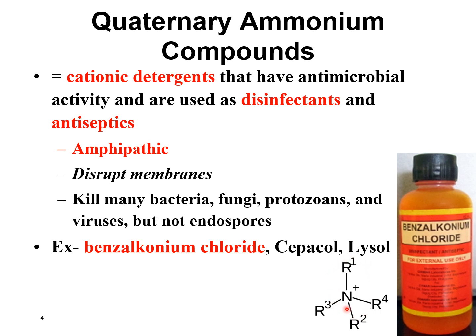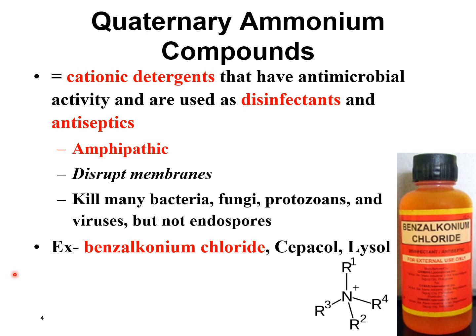So this is a cation because it's a positively charged ion. And then quaternary means 4. So you've got 4 different chemical groups off of this nitrogen there.